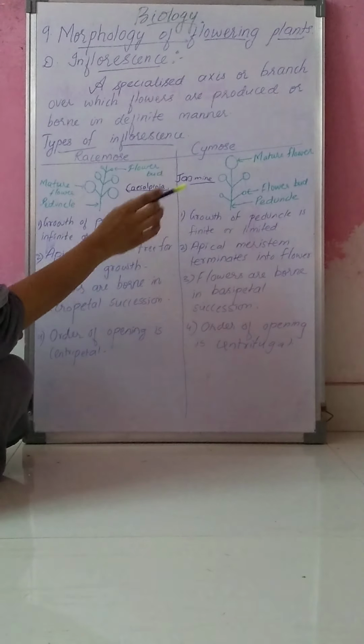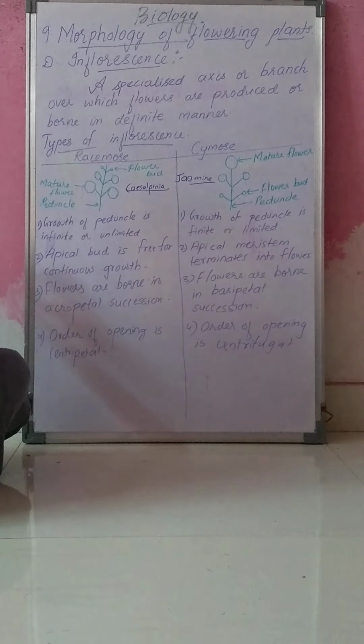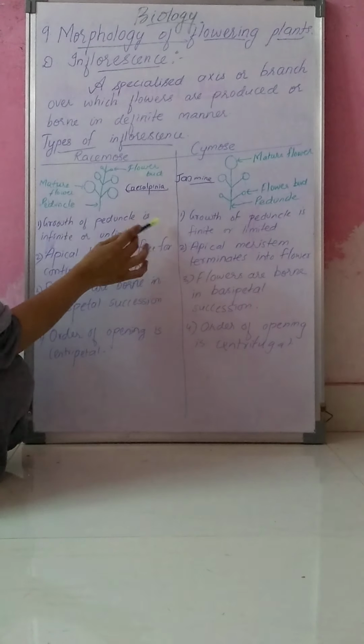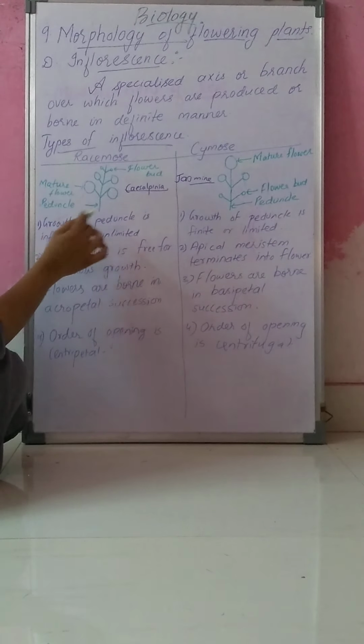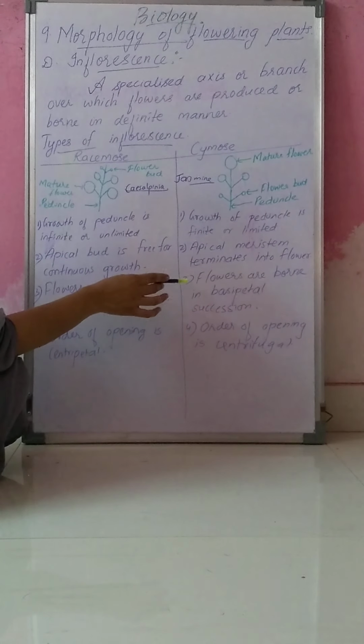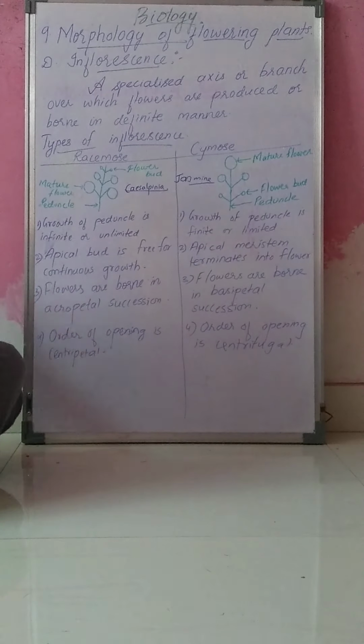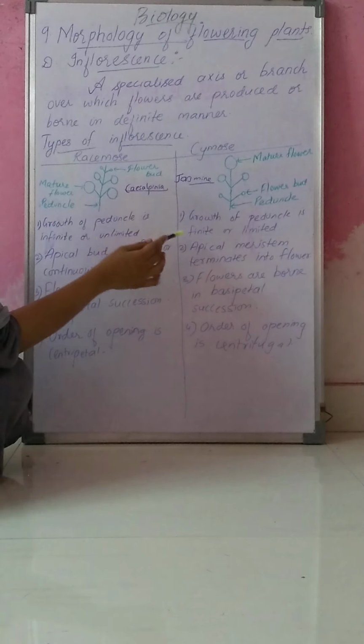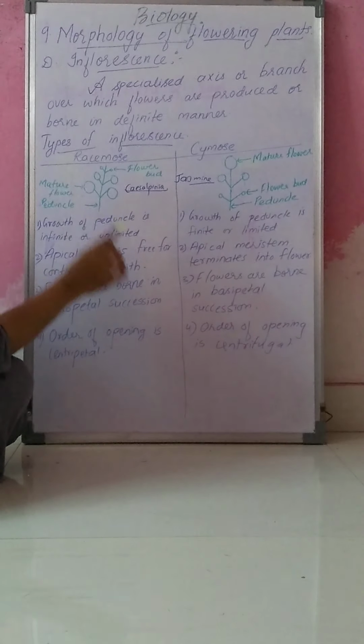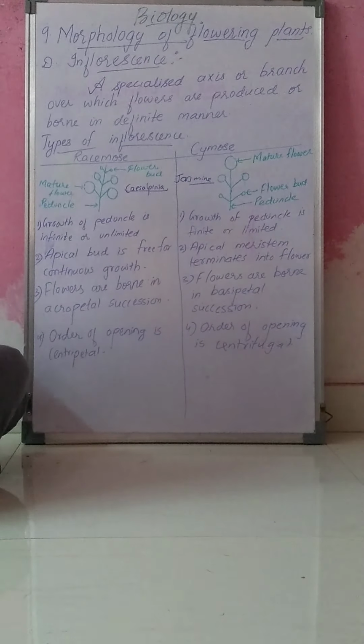That is, growth of peduncle is finite or limited. Okay, means you cannot write the point that flowers are born in basipetal succession as the first point here. Means only opposite points you have to write, then only you will get the marks for the point.